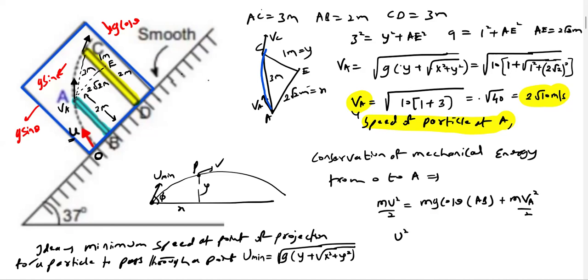So this will become u square equal to g cos theta, the length AB we know.